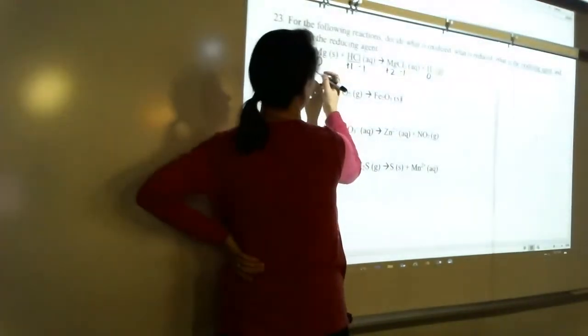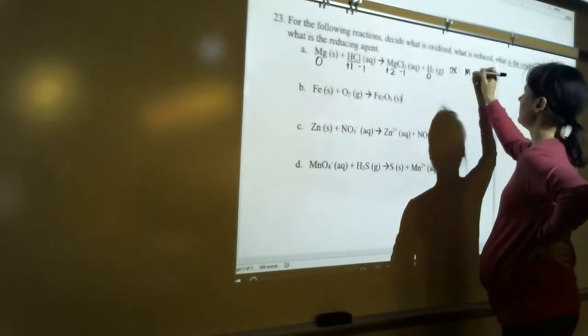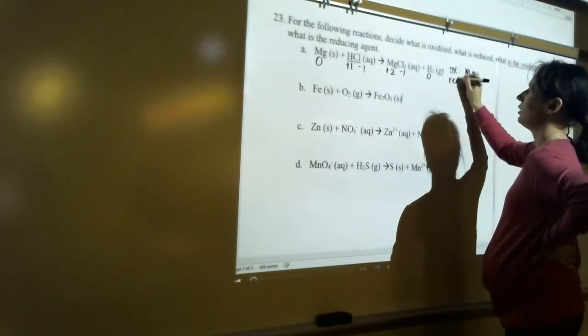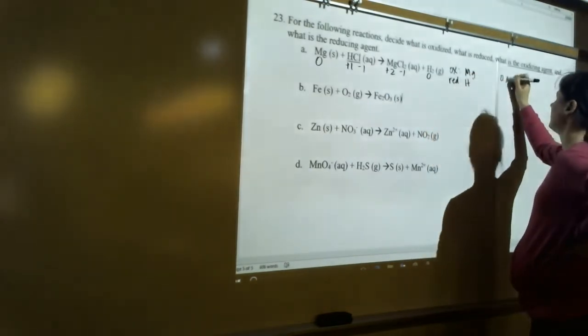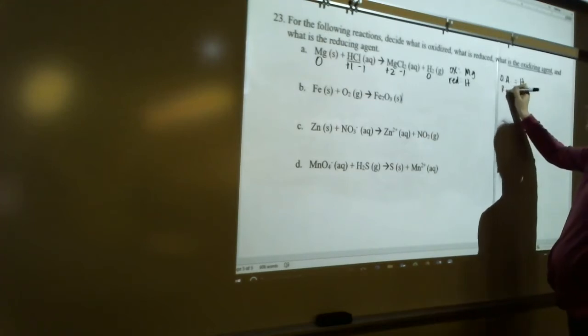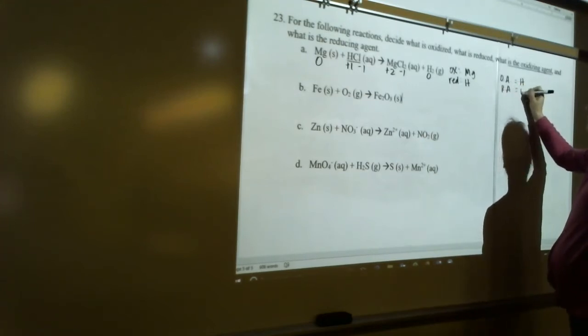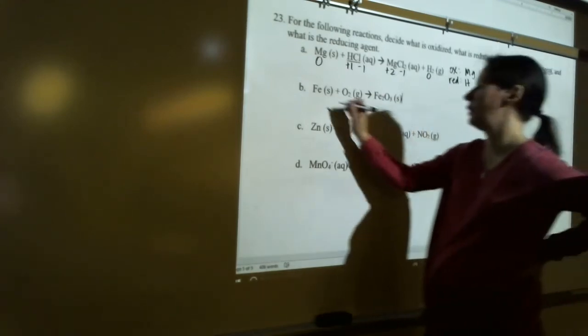All right, so oxidized would be magnesium, reduced would be H, oxidizing agent would be hydrogen, reducing agent would be magnesium. Do we agree? Yeah. Okay, let's do this one.